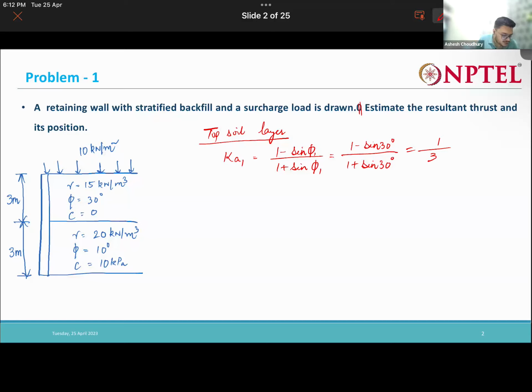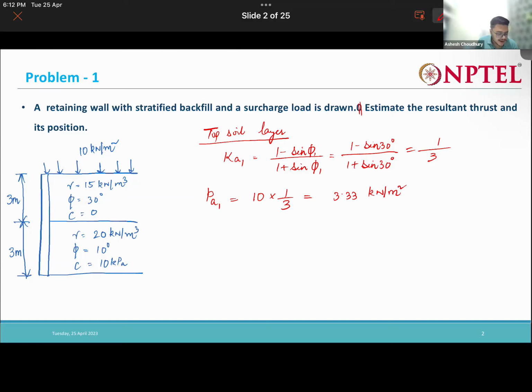Next, we need to take into account the effect of the surcharge. Due to the surcharge, a uniform earth pressure will act. Let us write small PA1 as 10 into 1 by 3, which is equal to 3.33.